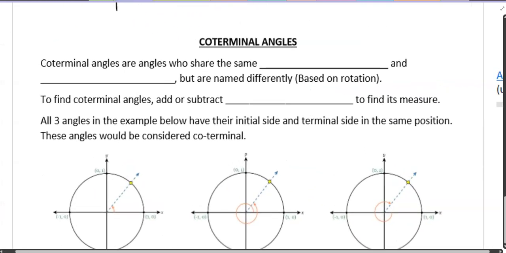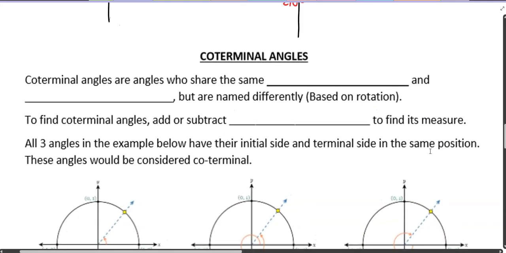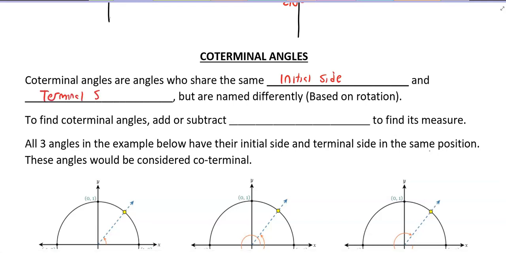There we go. We're going to call them coterminal angles. So coterminal angles are angles who share the same initial side and the same terminal side, but are named differently. So the negative 210 versus the 150, you rotated them differently. So that's the reason why they have a different label, even though they look the same.